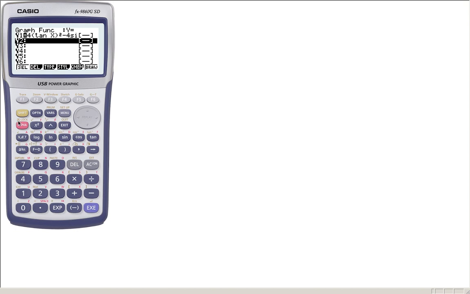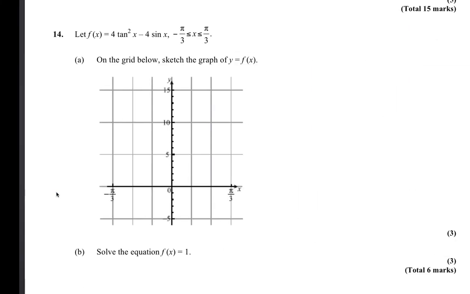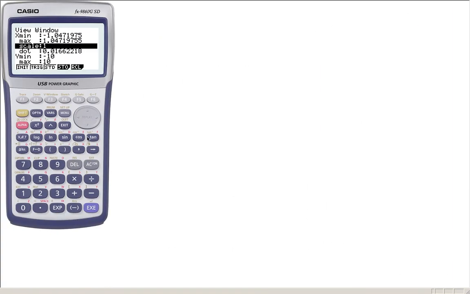Okay, so let me change the scale, shift view window. X minimum is minus pi by 3, so minus shift pi divided by 3, and maximum is pi by 3. And y is minus 5 to plus 15.